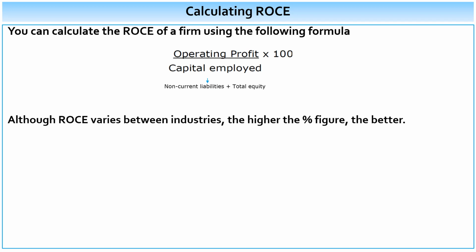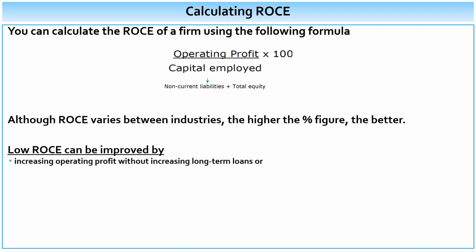Although the return can vary between industries, and we should always be looking at making comparisons between firms within the same industry, the higher the percentage figure, generally speaking, the better. How can we improve our return on capital employed if we get a low answer? Well, we can try and increase operating profit, take some measure to increase profit, or if we were to repay some existing long-term loans, this would reduce capital employed.